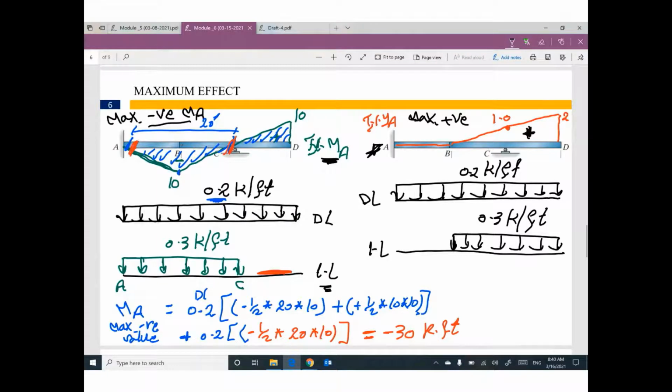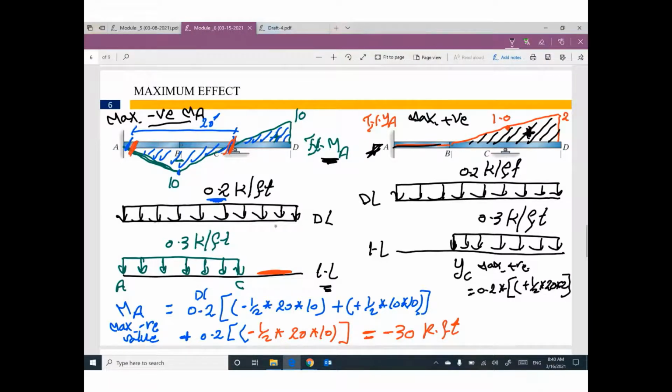Can you tell me the value of reaction YC which is maximum positive? Yeah, I can. It equals the value of dead load 0.2 times the area. What area do we have? We have this area, which is positive 1/2 times 20 times 2. Do you have any other area?